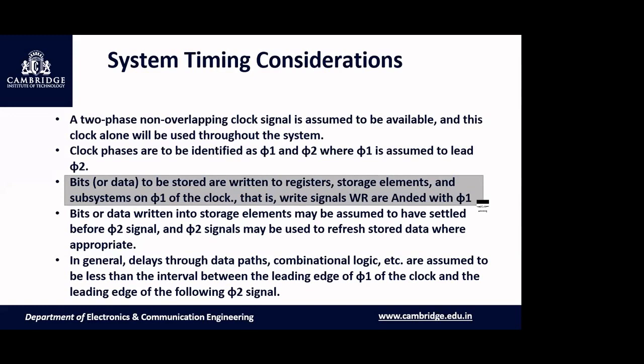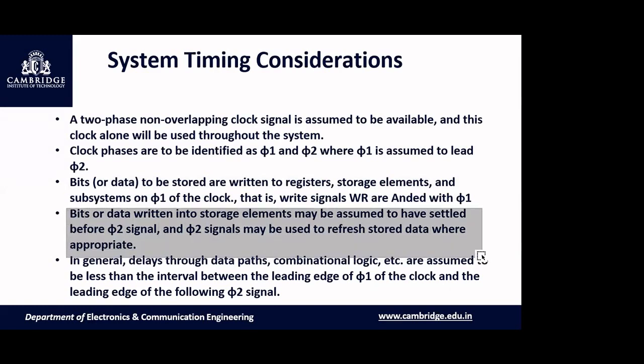Once the data is written, we'll have to make sure that the data is written properly. So before we perform the refreshing operation, the bits or data written into the storage element may be assumed to have settled before the phi 2 signal, and the phi 2 signal may be used to refresh. Once the write operation is done properly, then only you can perform refreshing using the phi 2 clock.